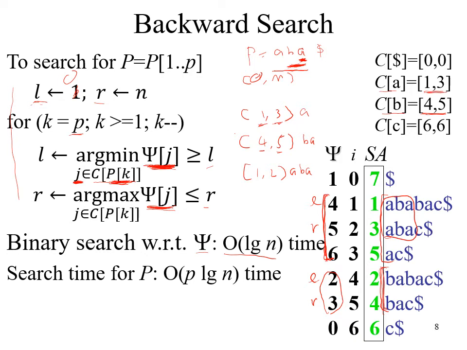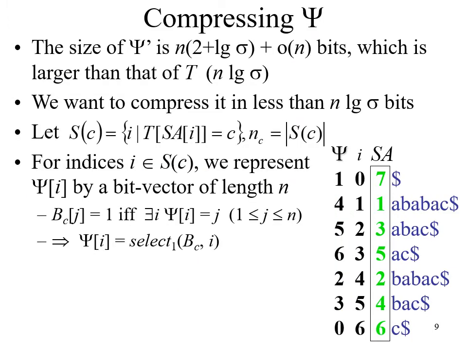So the time complexity is pattern length times log n time. Here we don't compute SA, so there's no extra term in the time complexity. So the time complexity is P log sigma, which is the same as using the original suffix array.